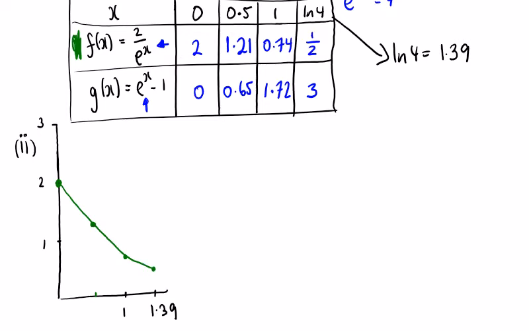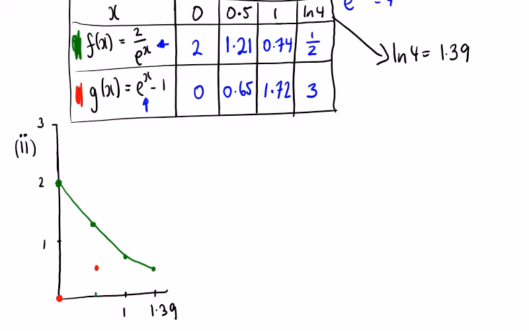Okay, let's change to red, and we'll do g of x in red. When x is equal to 0, g of x is also equal to 0, so we're starting down here. When x is equal to 0.5, g of x is 0.65, so slightly below this 0.74, 0.65 approximately.